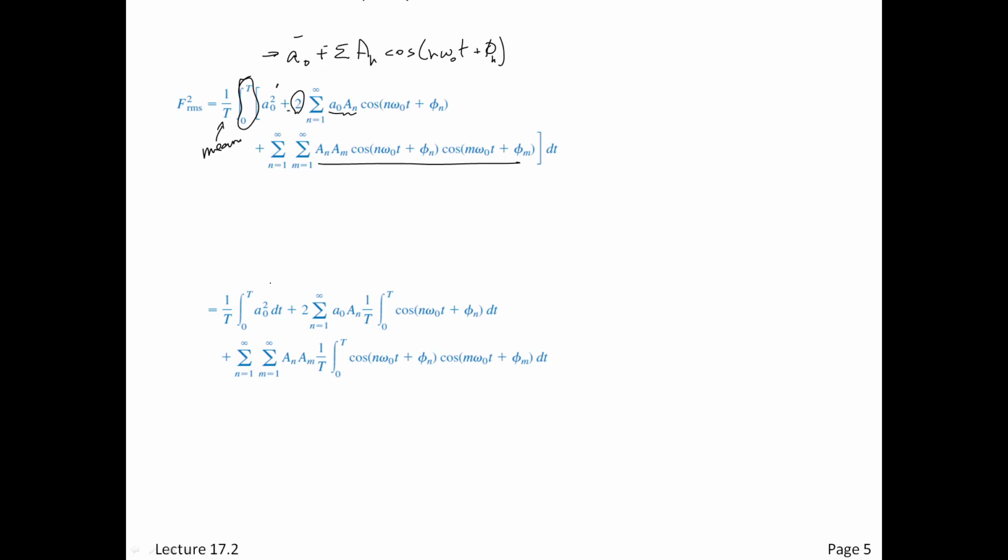So here's piece 1, here's the 2 times piece, and then down here is piece 3. All we did in this step was break down the integration, or distribute, if you will, the integration across all 3 pieces of that square.